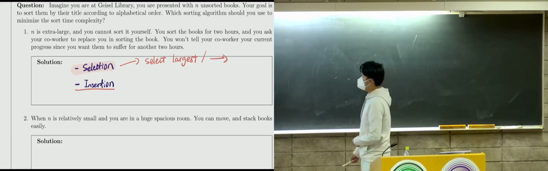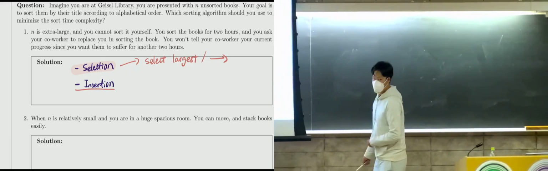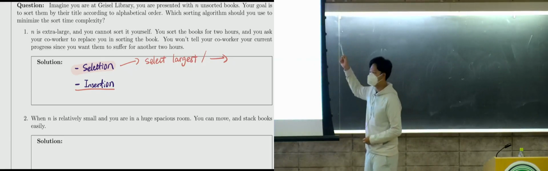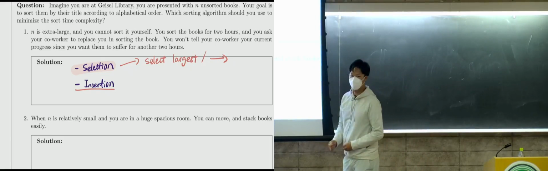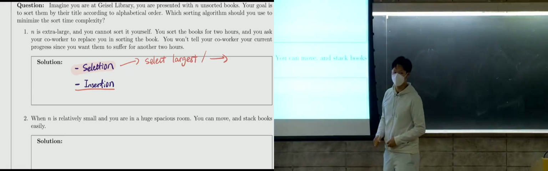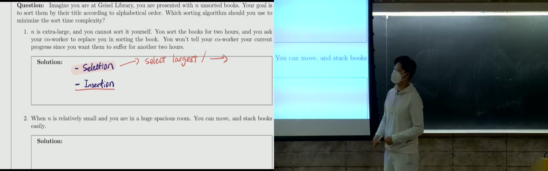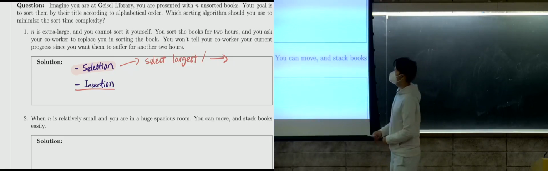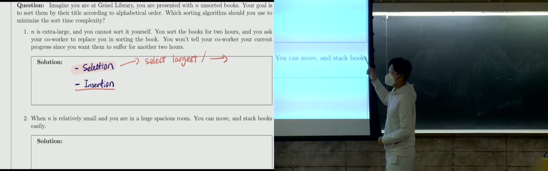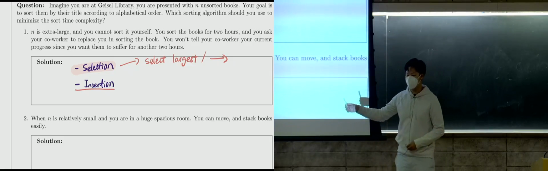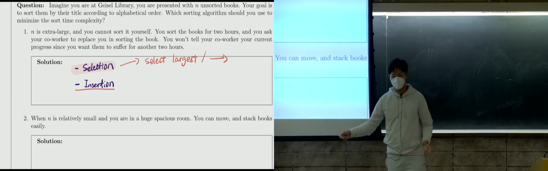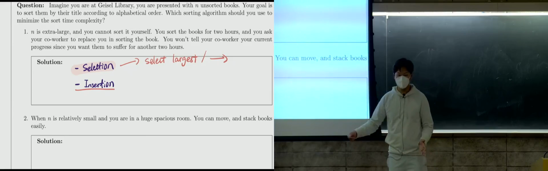So what will happen if I use selection sort? Let's say I have 1,000 books, and in 2 hours I sorted 100 books, which is pretty quick, like a minute. That means I need to find the largest book, starting with Z, among 1,000 books in a minute, which is pretty amazing, right?